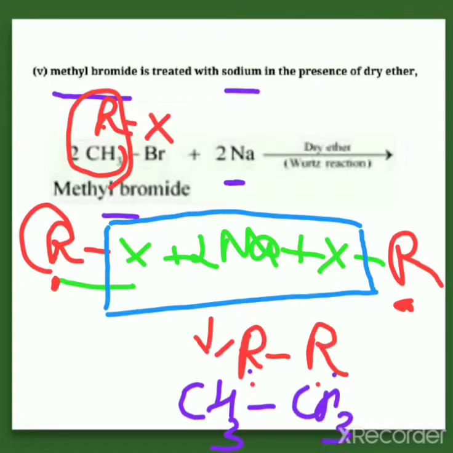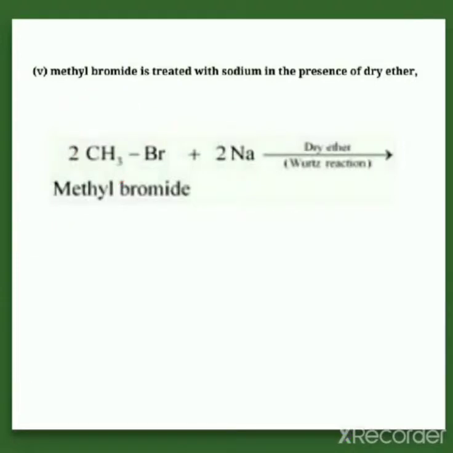CH3 CH3 is the product. So we got the product here, a 2-carbon alkane, that is ethane. So it is very simple to do this type of reaction. That is a Wurtz reaction. You need to just double the alkyl group.